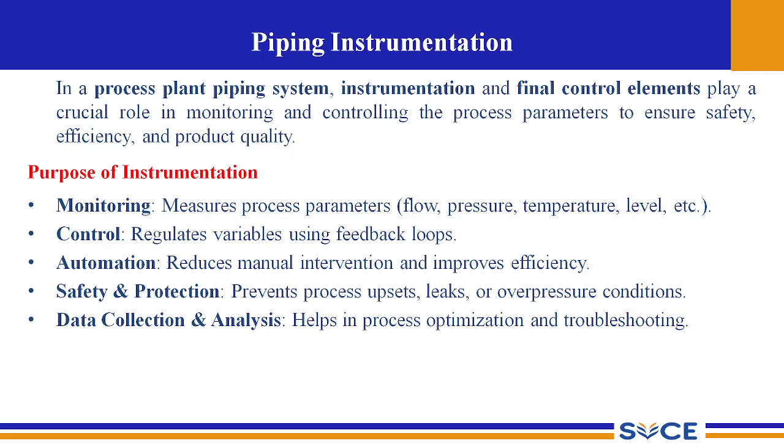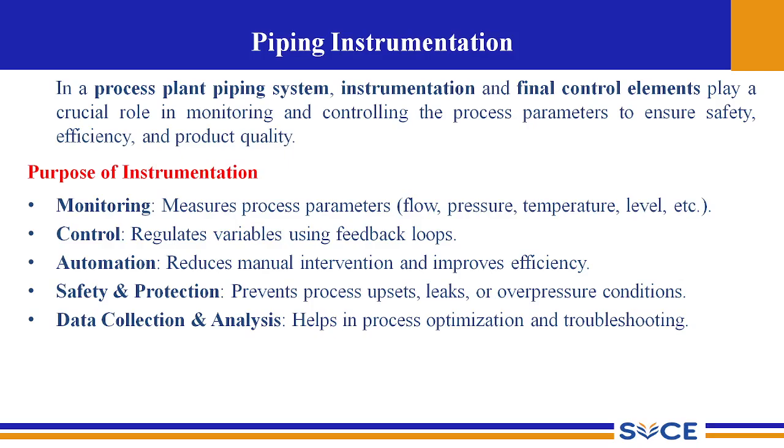So now the industry is moving towards such trends, and the next purpose of instrumentation is safety and protection. When we are running a process, we have to look at the safety of the operating personnel, and the safety constraints will help us to reduce the lost man hours due to accidents, and it will prevent the process upsets, leak or overpressure conditions, so that the process is running in a safe manner.